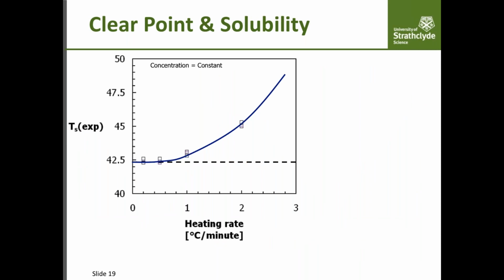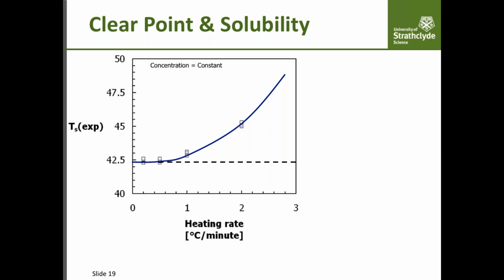We sometimes tested what the effect of this heating rate is. This graph shows the clear point temperature as a function of the heating rate for the same sample. You see that if you increase the heating rate too much, then the crystals cannot keep up with the dissolution. So they would only dissolve at a higher temperature, which is then not the clear point, the actual saturation temperature.